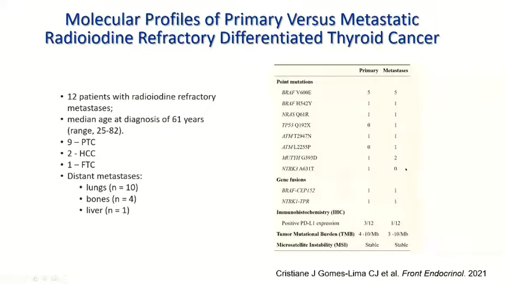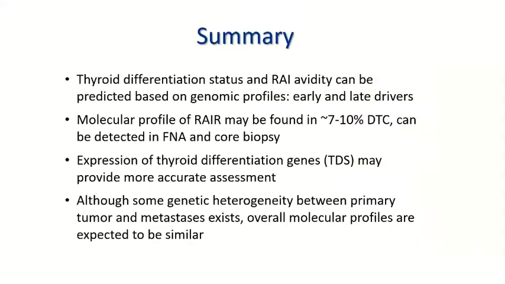So although you do expect to see some variability in genetic makeup between primary thyroid tumors and metastatic foci, fundamentally, it is likely that you will see all main driver events, early and late, when you study the primary thyroid tumor.